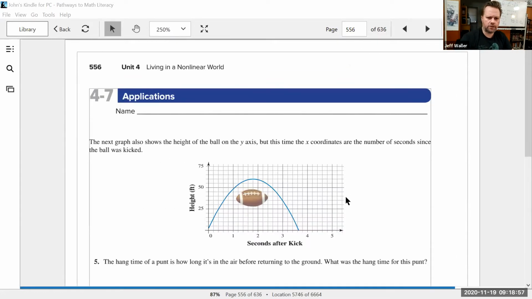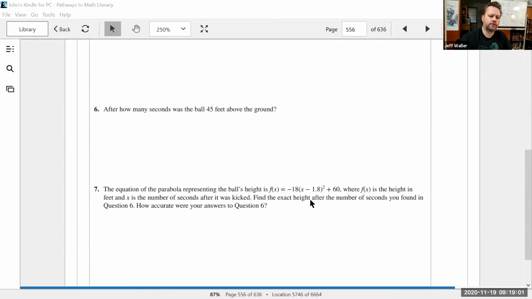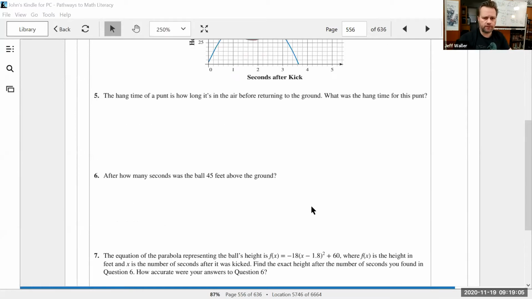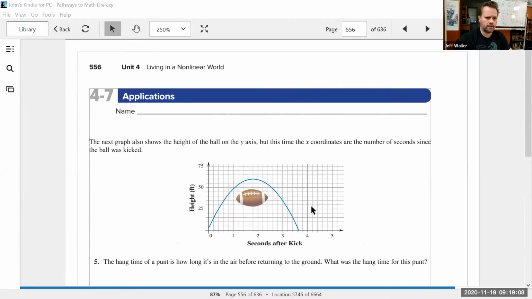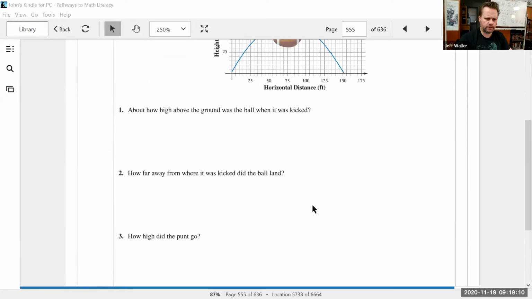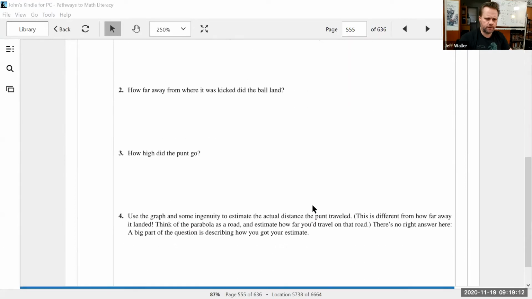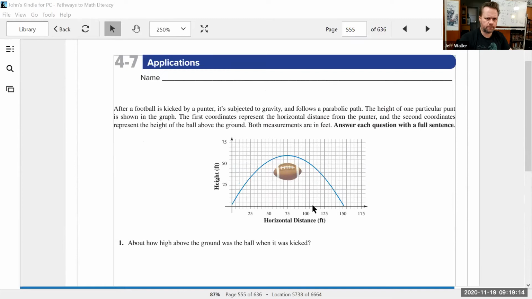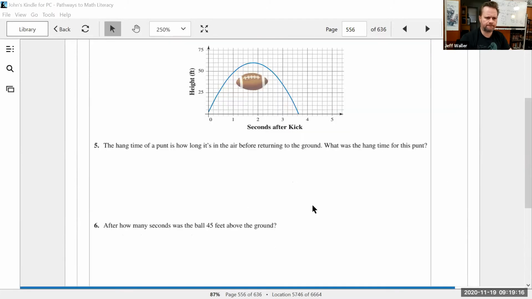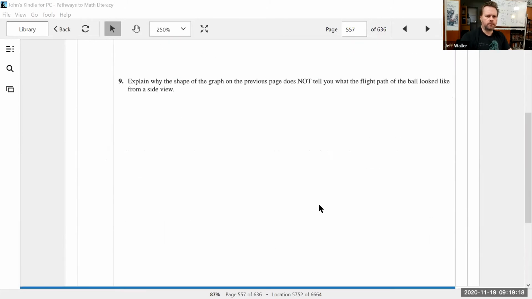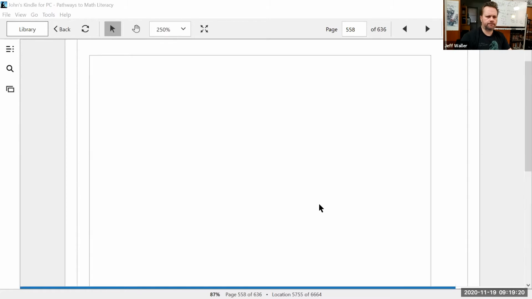All you need to know how to do is to read a graph and use the function they give you to plug stuff in for it, right? I don't think there's anything too freaky in here. I like it. Okay.